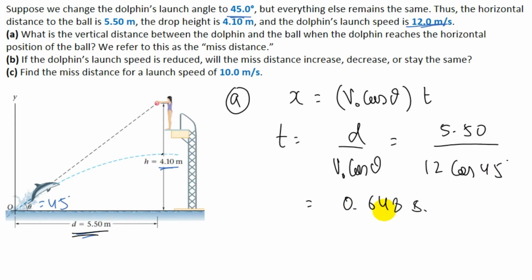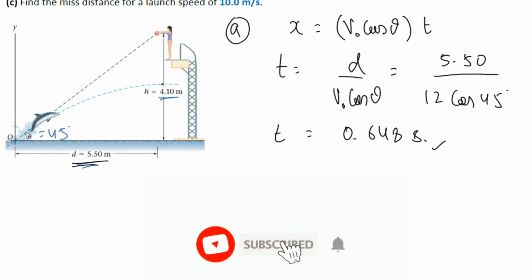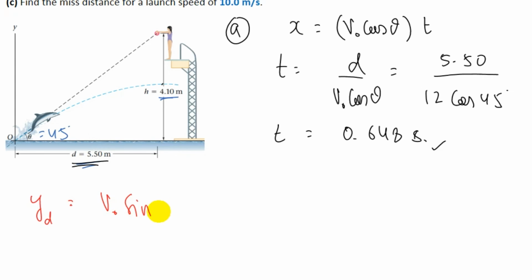0.648 seconds. Now find the vertical positions of the dolphin and the ball at this time. So first we'll find the vertical position for the dolphin. So for the dolphin, use this equation. We can write yd is equal to v naught sine theta multiplied by t minus 1 over 2 g t squared. Now put the values.